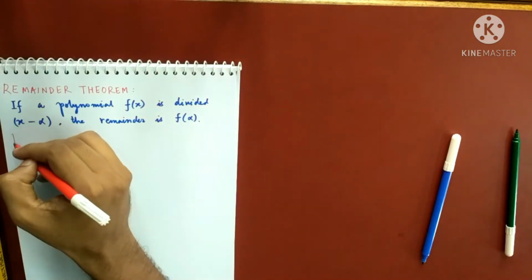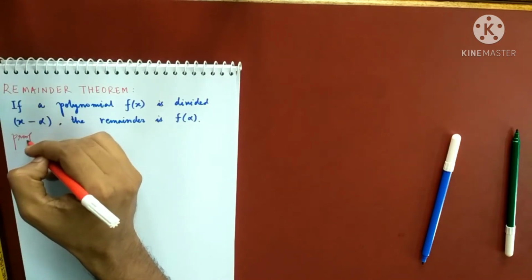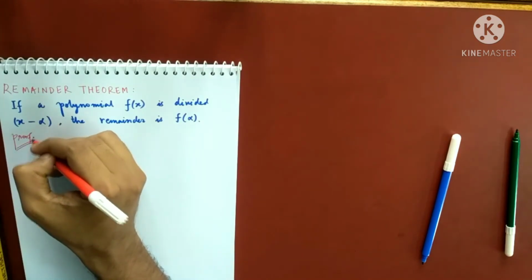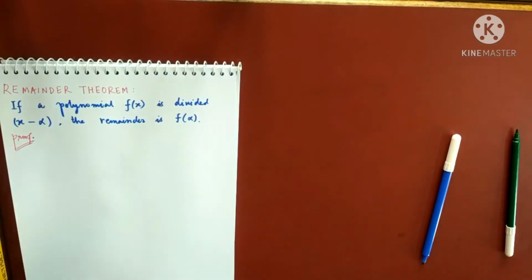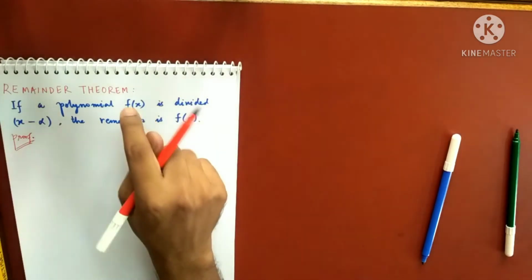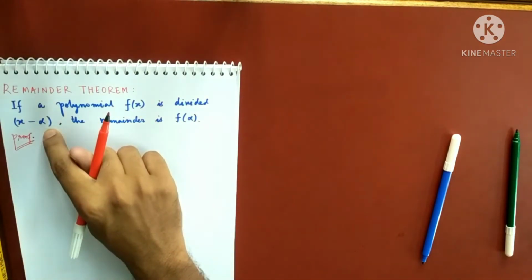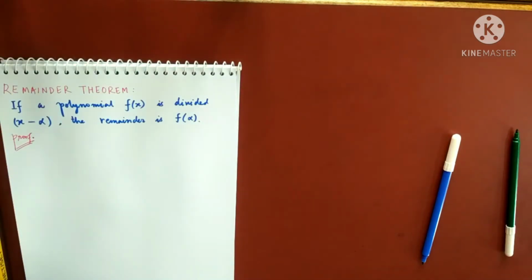So here's the proof. I have to divide f(x) by x minus alpha, so let's apply the division algorithm. The division algorithm tells us that there exist a quotient polynomial and a remainder polynomial satisfying the relation.